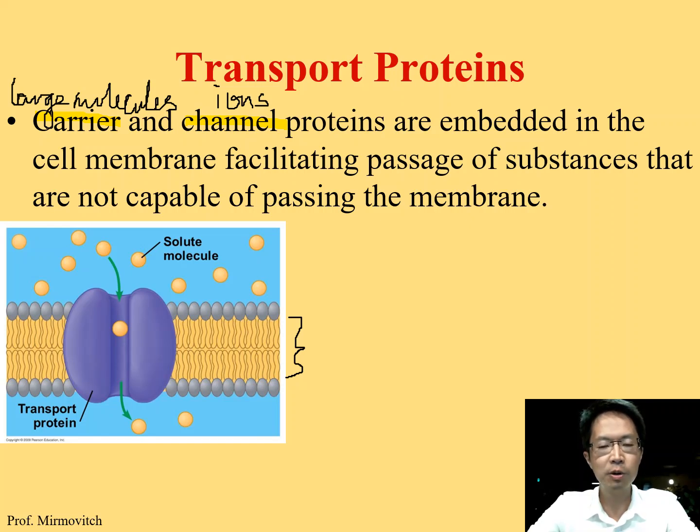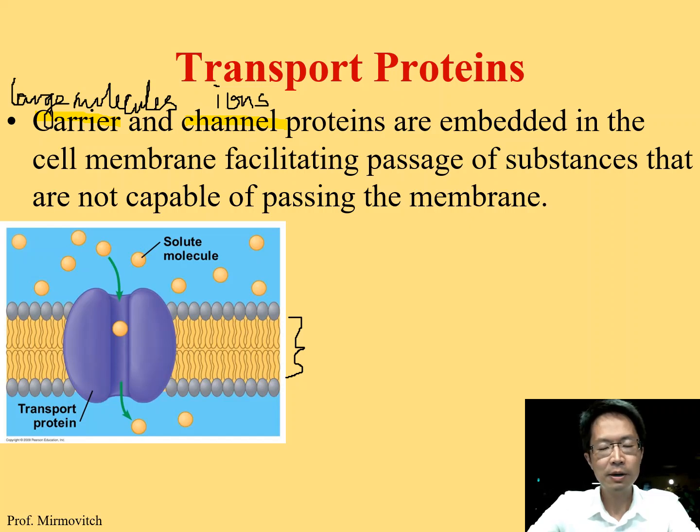Glucose is a large molecule that requires a protein carrier on the cell membrane to help it go into the cell. Remember previously we mentioned insulin, yes? After insulin binds to the cell surface membrane receptor, it will trigger a G protein coupled cascade.